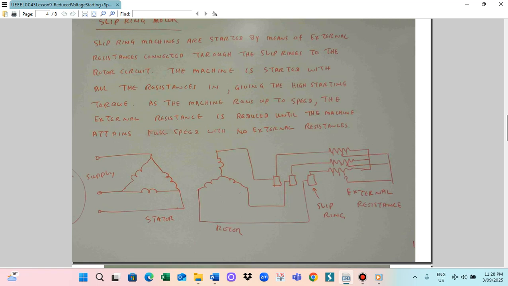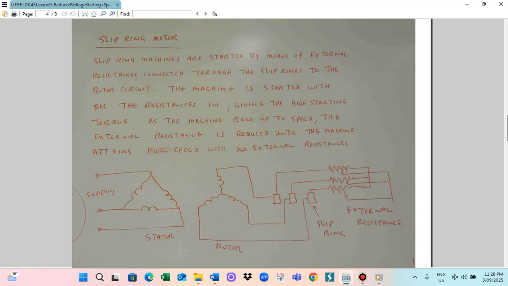All the resistance needs to be in circuit at the time of starting, and then when the motor speeds up, you can adjust the rotor resistance. By this way, you can regulate the motor speed. So the slip-ring machines are started by means of the external resistance. Those are the slip rings, and this is the external resistance.